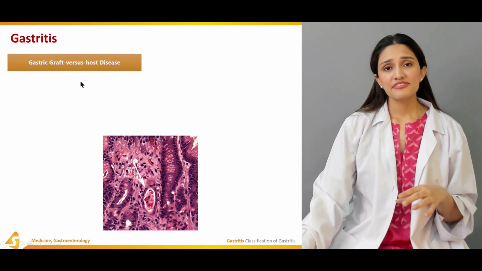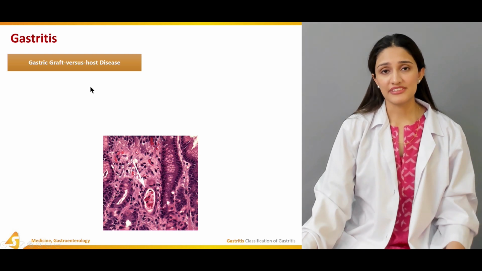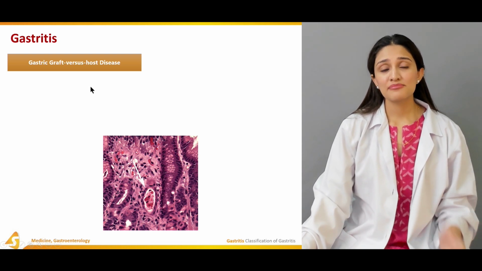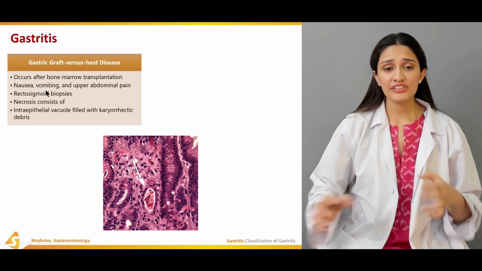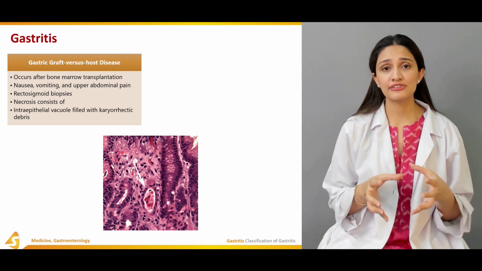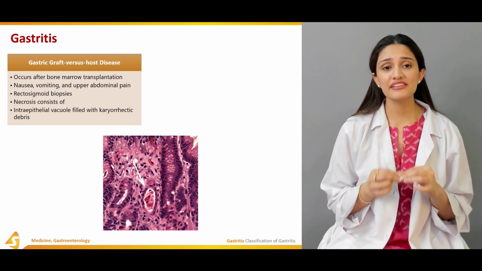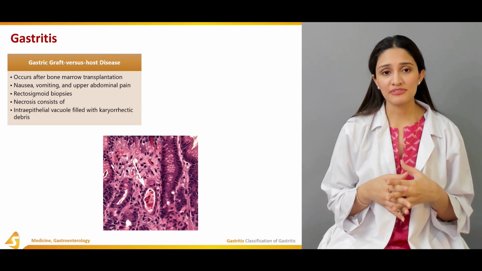There's a different type of gastritis known as gastric graft versus host disease. This usually occurs in patients who have undergone transplant, usually after bone marrow transplantation, which is an allogeneic type of transplant. The patient might present with nausea, vomiting, or upper abdominal pain.